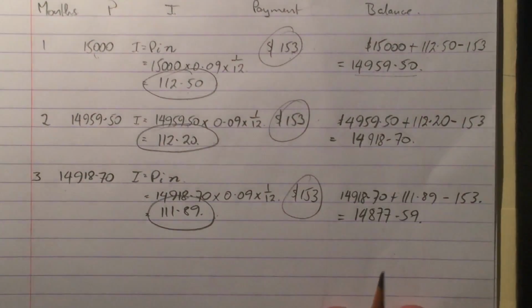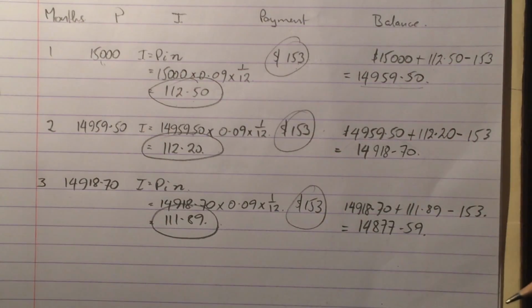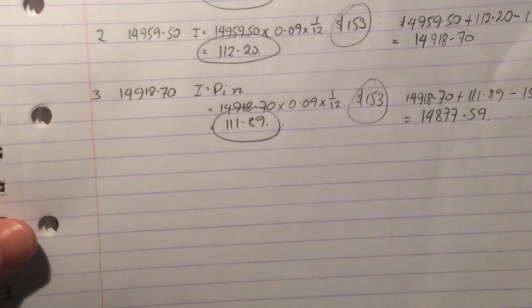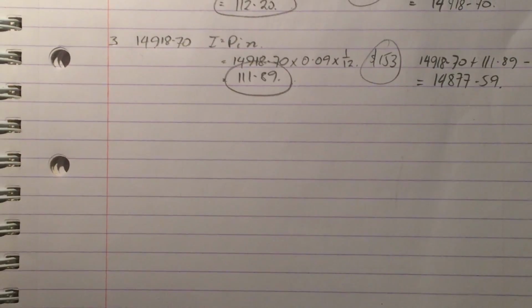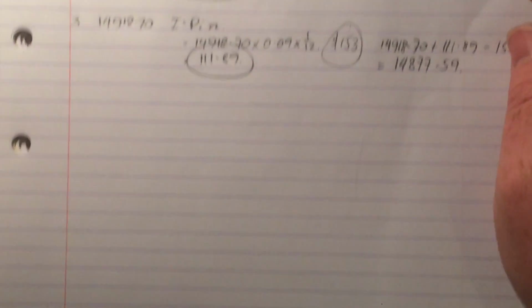Now, in the loan schedule that we've just done, the payment amount was given in the question. But you need to be able to calculate the payment amount using the table from your textbook. In an exam, a table like that would be supplied, and you'll be expected to work out the payment amount for a loan that's compounded monthly.